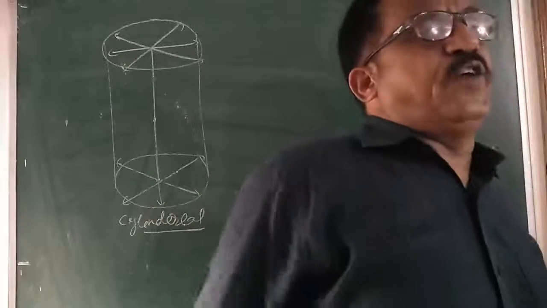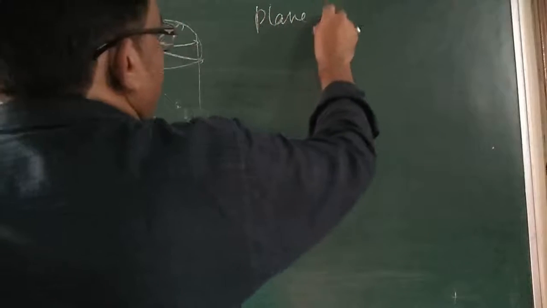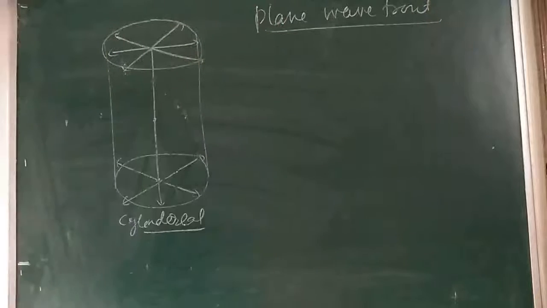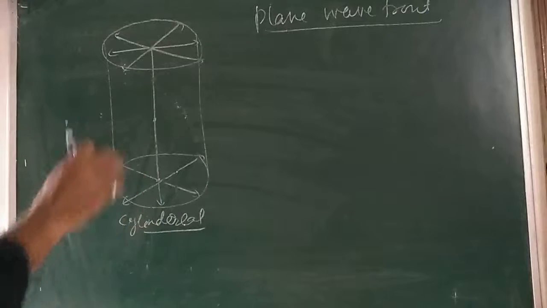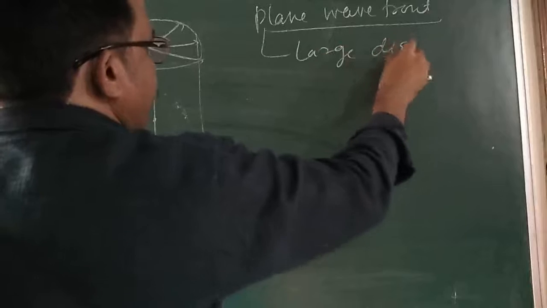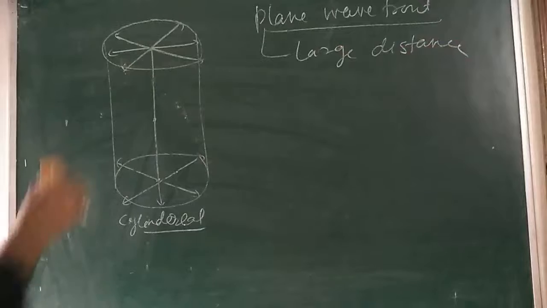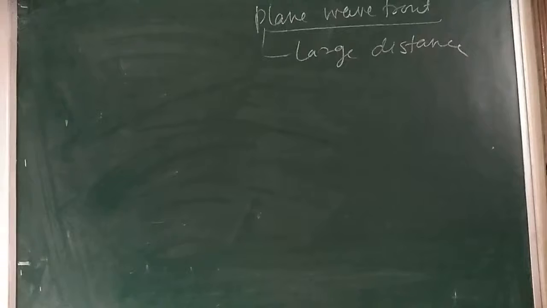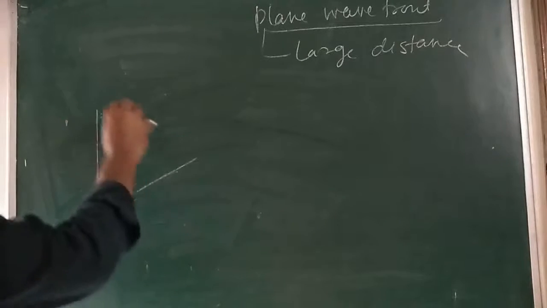One more type of wavefront we can discuss here is the plane wavefront. What is that? When the point source or linear source of light is at a very large distance, light is coming from a very large distance, then the wavefront is something like this. Just I am drawing the figure.